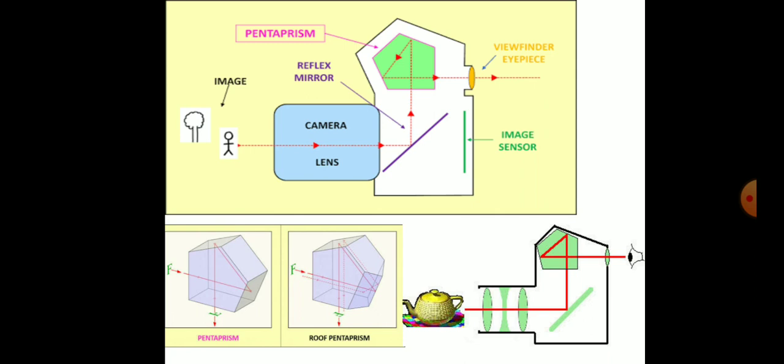So the lens is observing that object, and the mirror, due to reflection, is also observing whatever the lens is observing. This mirror is also creating an angle above, into the pentaprism, and the pentaprism is giving us exactly that image, whatever image is observed by the lens.